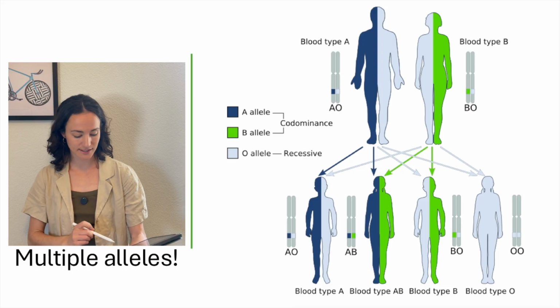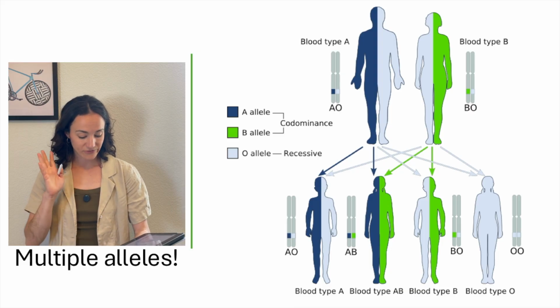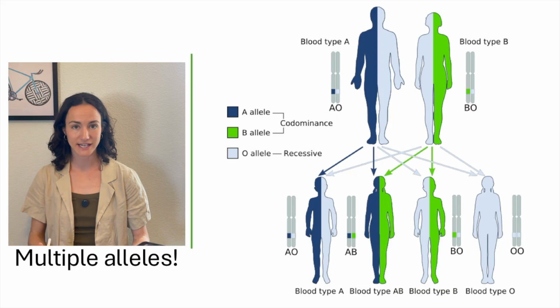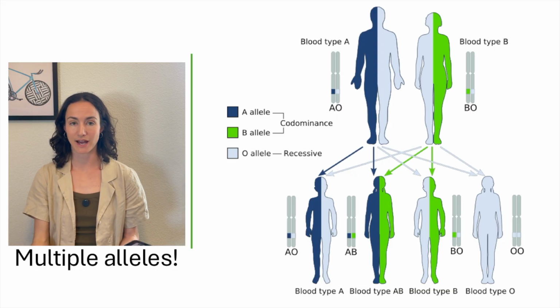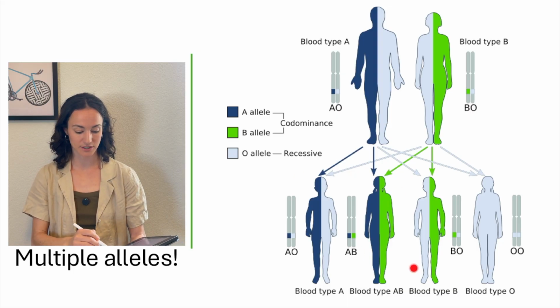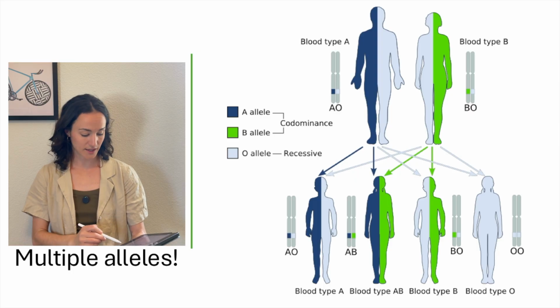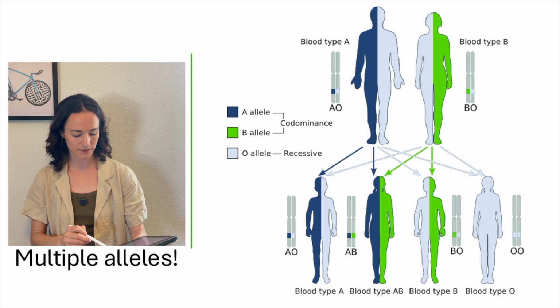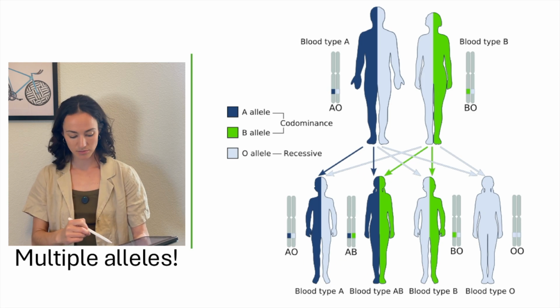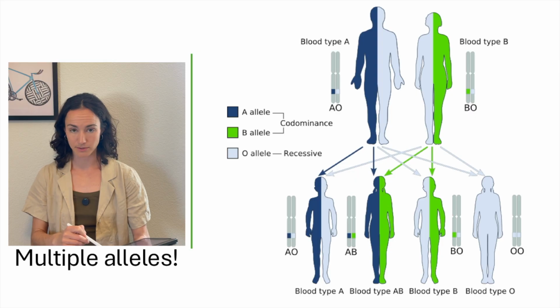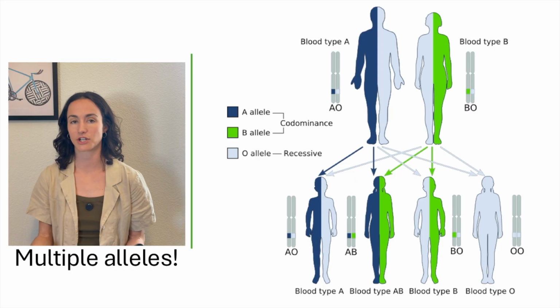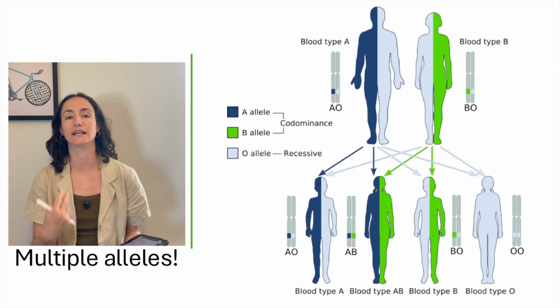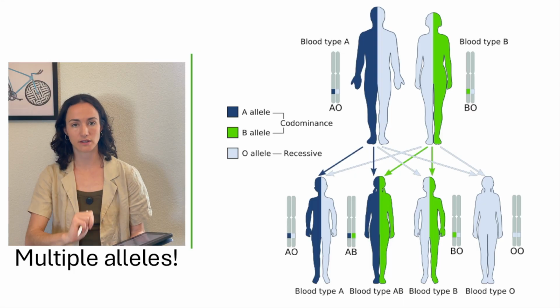If they were to have kids, there's actually 4 different blood types that could be passed along, each with a 25% chance of showing up. They could have a kid that is type A blood and carrying one of the recessive alleles, a child that is AB blood, a child that is B blood, and there's also a chance that they'll have a child that is type O blood, meaning that child has both of the recessive alleles.